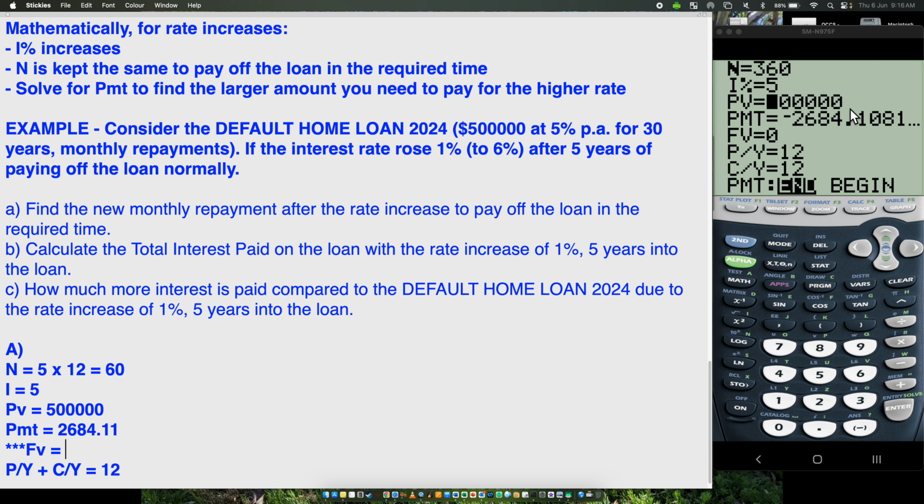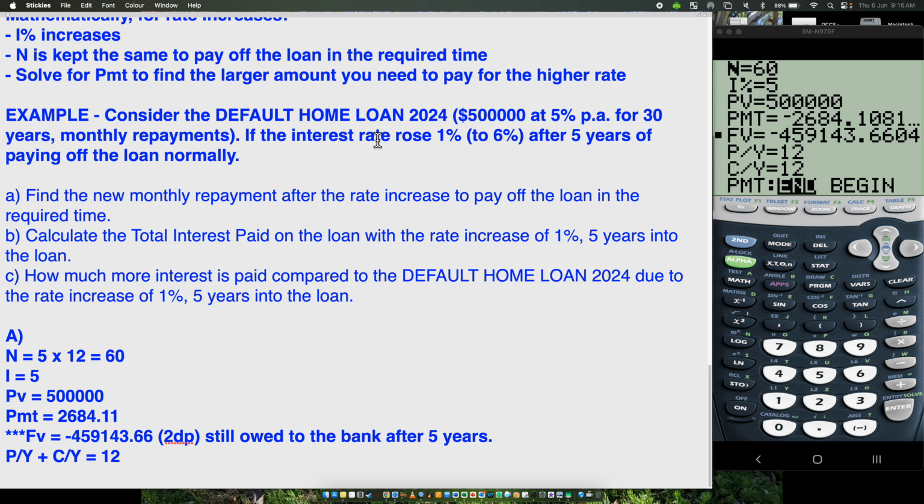No, because those payments were for 30 years. So if I change this to 60, that's going to be alpha. Enter. That tells me that I still owe the bank $459,143.66 to 2 decimal points. Still owed to the bank after 5 years.